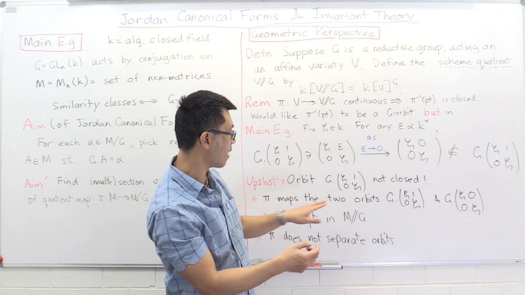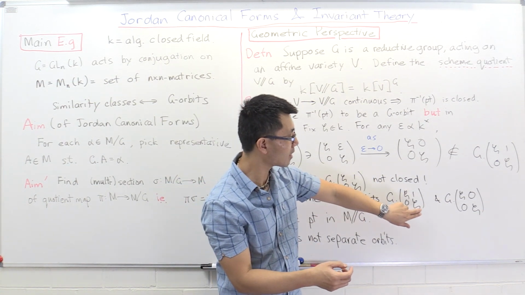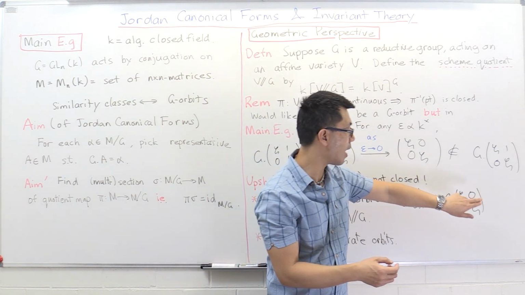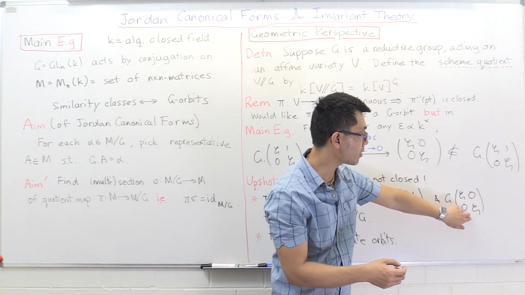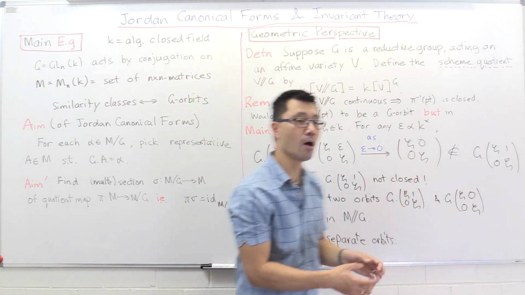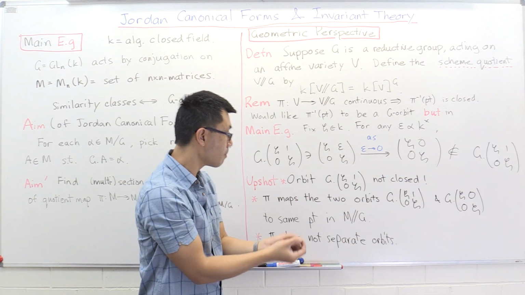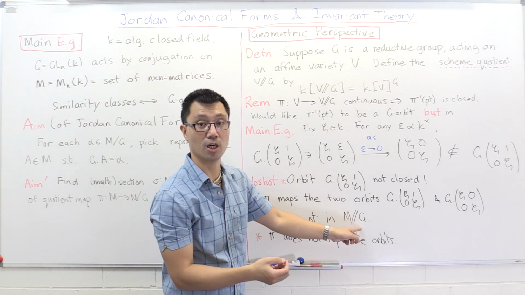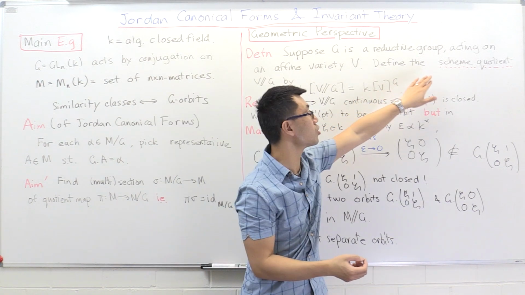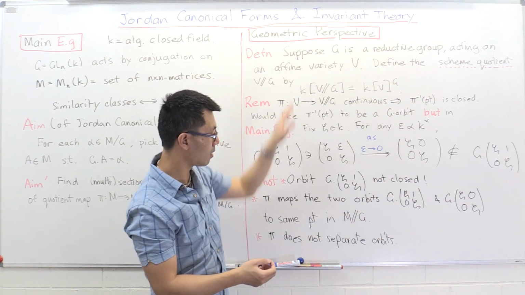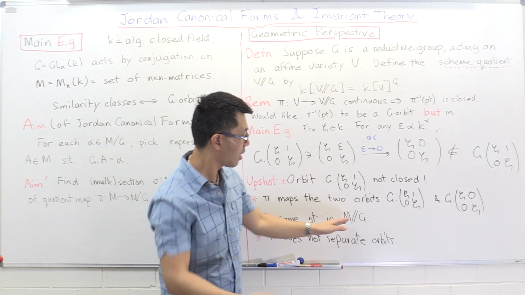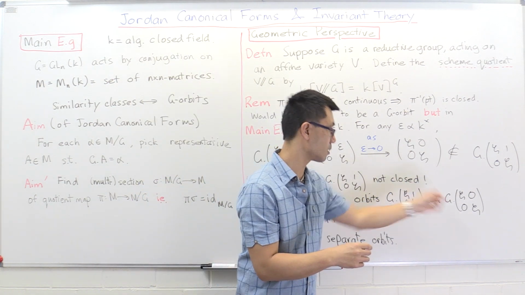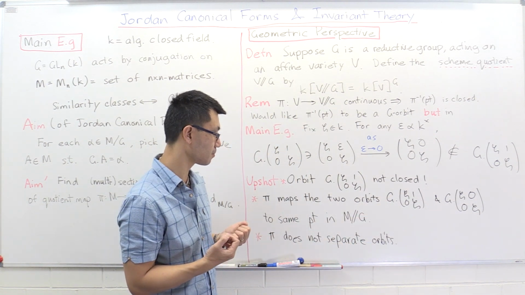So that means we have two G orbits, the one containing the similarity class containing this Jordan form, this 2x2 Jordan block, and this similarity class consisting of this scalar matrix here. Both these two G orbits get mapped to the same point inside this M double mod G. So if you take the scheme quotient defined in this way, then unfortunately one of the points corresponds to not just one orbit, but at least two orbits, and in fact these are the two orbits.